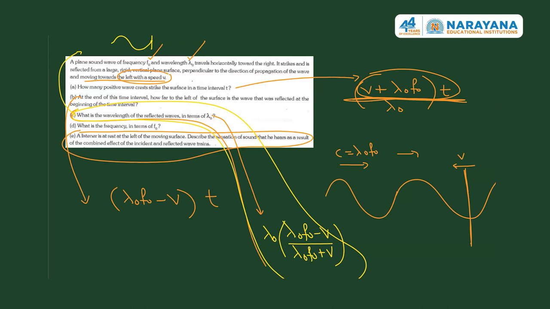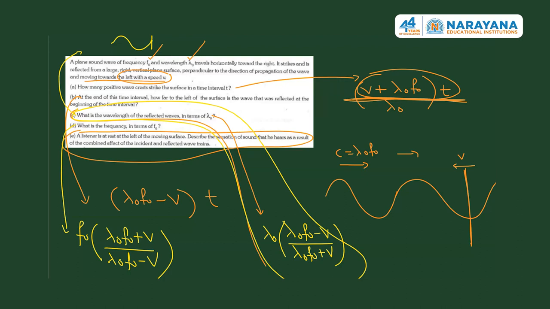I have directly written it because I already know that the D part of this problem is f naught into lambda naught f naught plus v upon lambda naught f naught minus v. Just by virtue of that result, I have written this, and I will also explain it in another way.